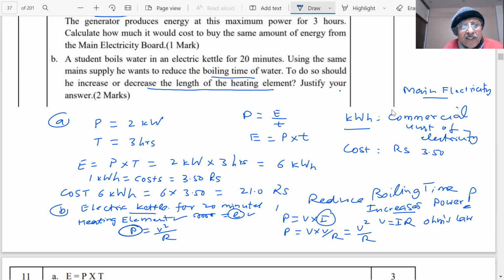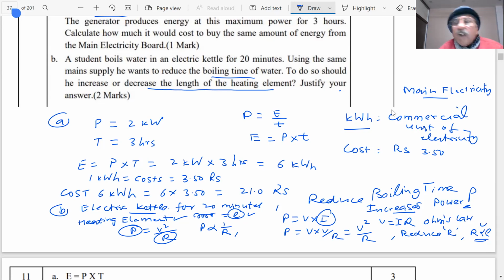That means power is inversely proportional to resistance. So if I reduce the resistance, power will increase. If I reduce R, and R is directly proportional to the length of the heating element which you are using, so if you reduce the length, the resistance will become less.